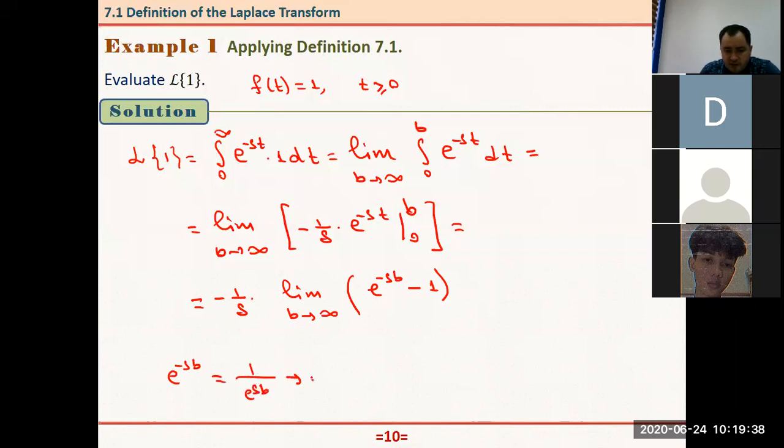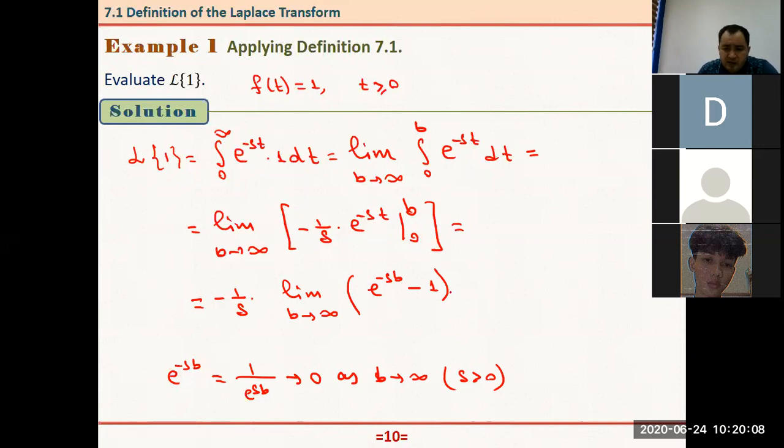And that approaches 0 as b goes to infinity, providing that s is positive, right? If s is negative, what happens here? If s is negative, this negative s will be positive. When b goes to positive infinity, this also goes to positive infinity, right? This limit does not exist. It's not finite here. That's why now I'm adding a condition here.